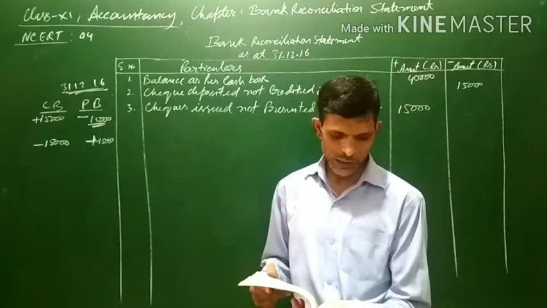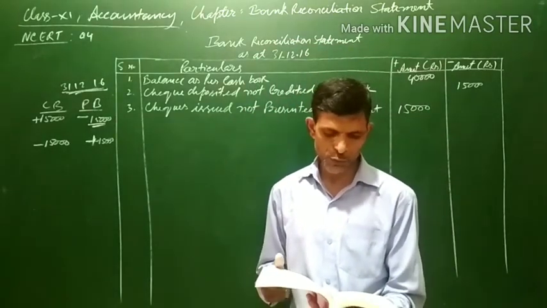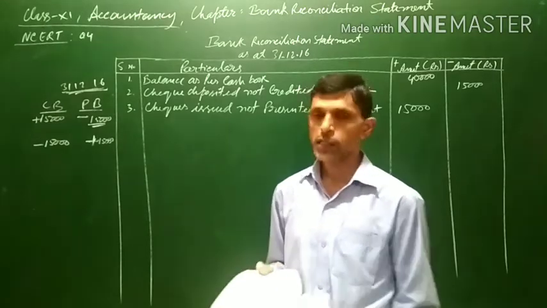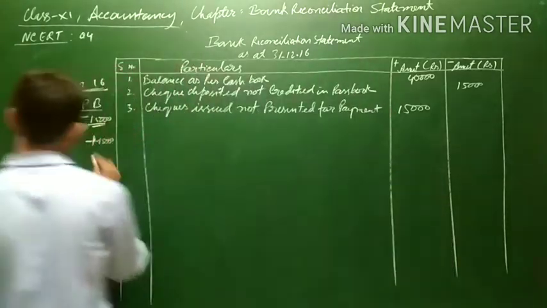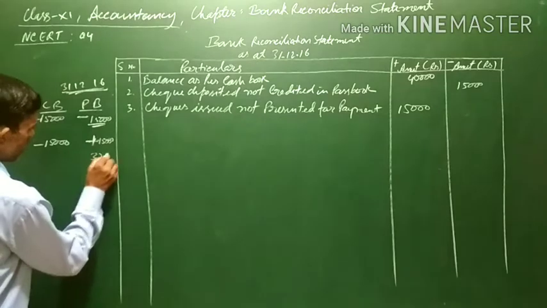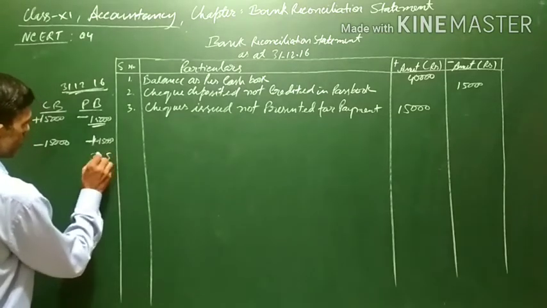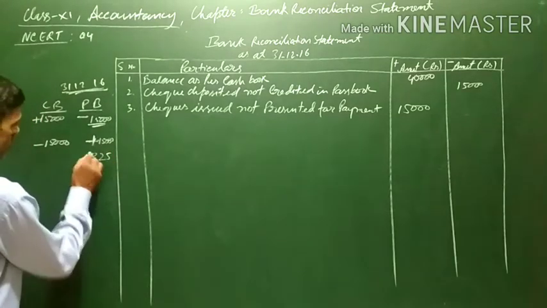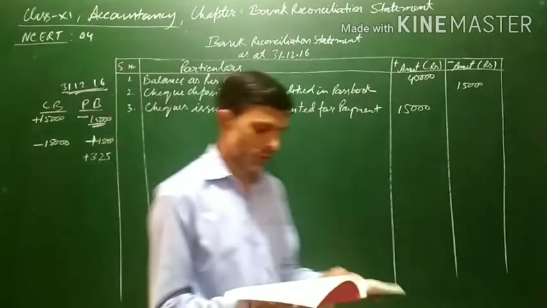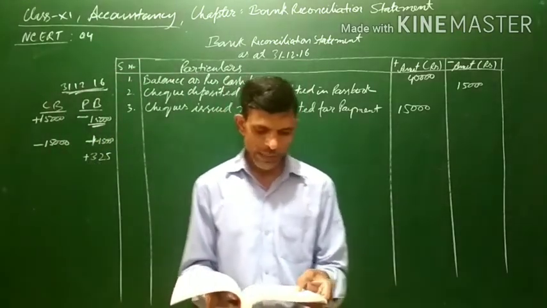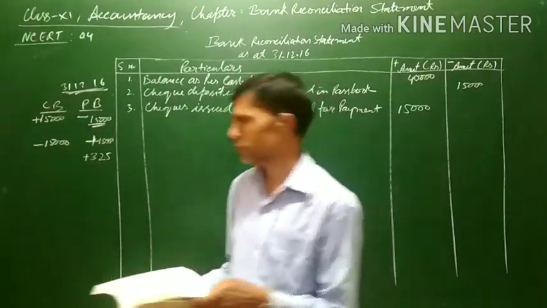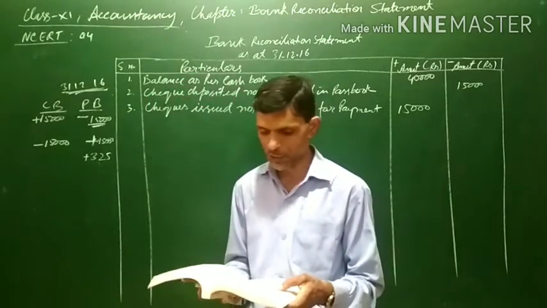Next, the bank has credited 325 as interest. If the bank credits, there will be an addition. 325 was credited on account of interest and 50 was debited for bank charges. We will write these separately.